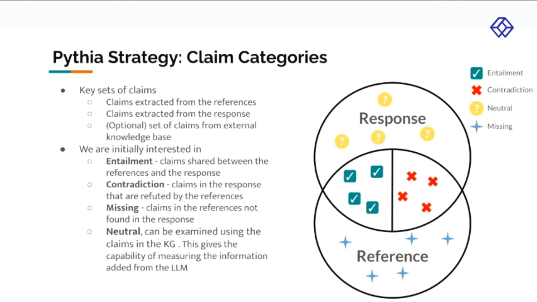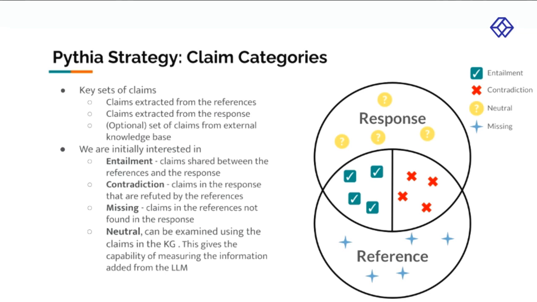Contradictions are claims that we can match on what they're talking about between the response and reference, but they contradict each other. Missing are the things that were not in the output, but were in the reference or the context. And neutral are things that are in the generated response, but not the original reference.